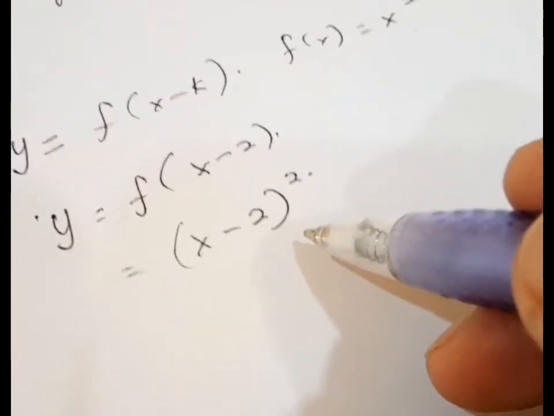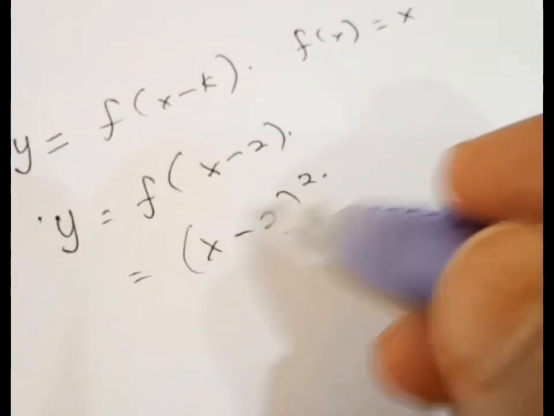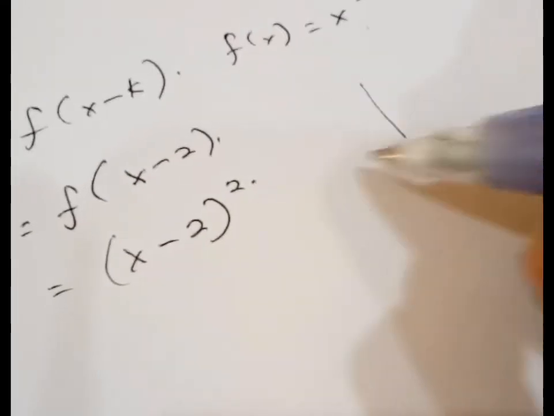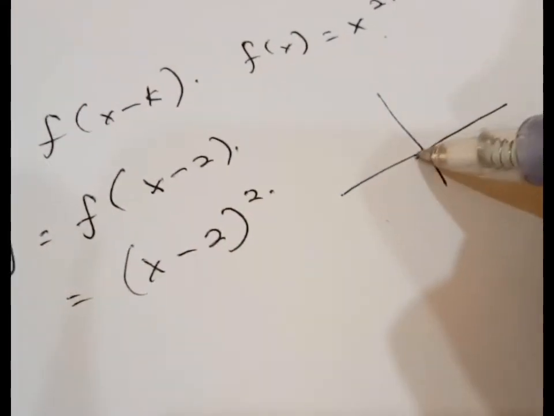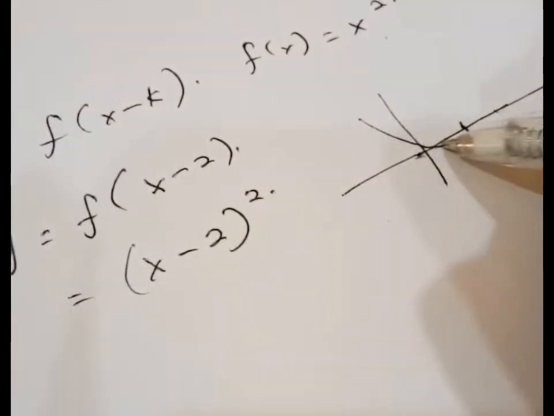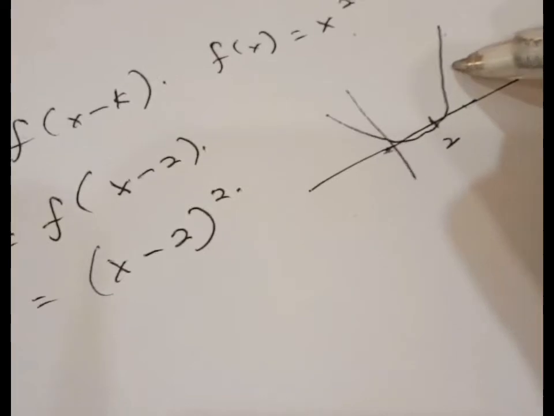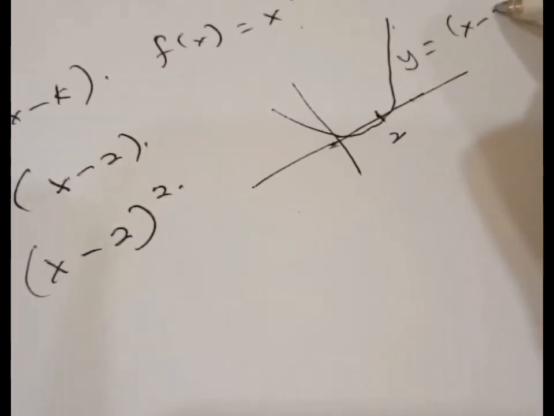Okay, so y is shifted 2 units to the right. From 0, 0 here, 2 units to the right here. So it becomes like this. This is x minus 2 squared.